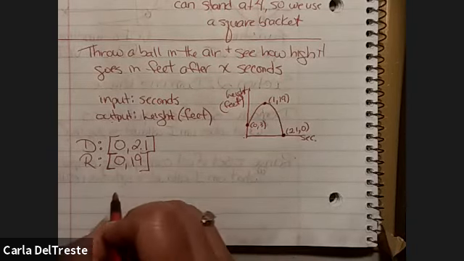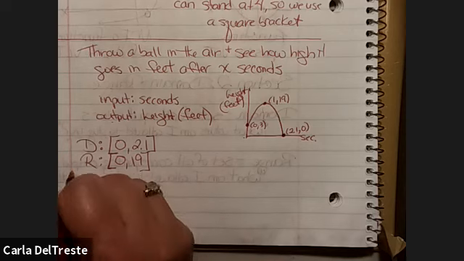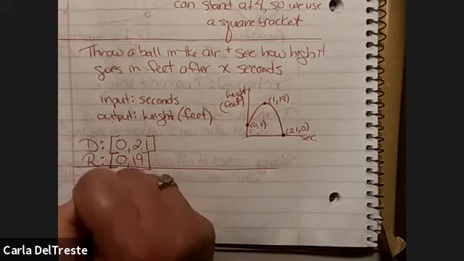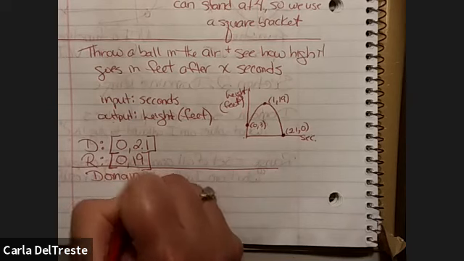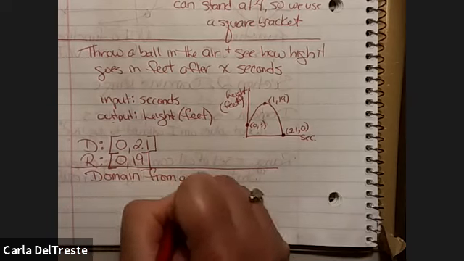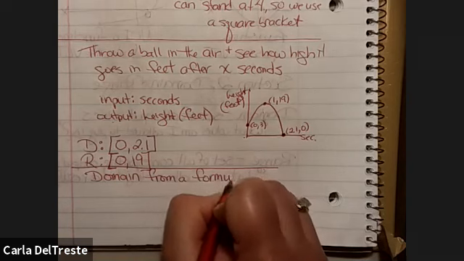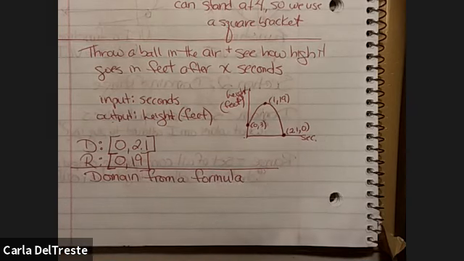Last but not least, we're going to talk about domain from a formula. So this is now domain from a formula. The good news is that we're not doing range from a formula, okay? We're only going to do domain.